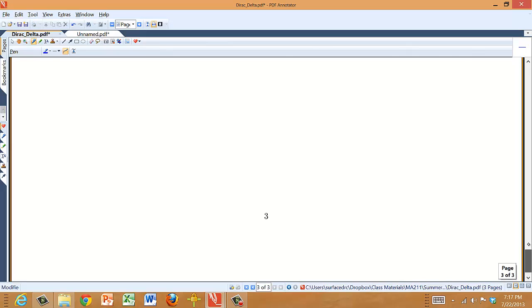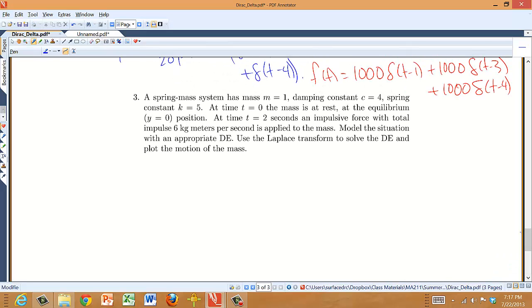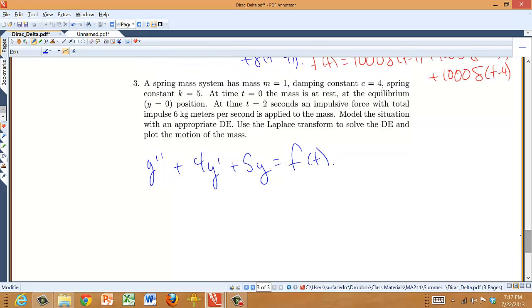We won't actually solve it, but you could certainly easily solve it. We're going to have something that looks like this: y double prime plus, what's my c, 4y prime plus 5y equals the external force, f of t. And when I say an impulsive force, I mean something that's 0 at all times other than time 2.